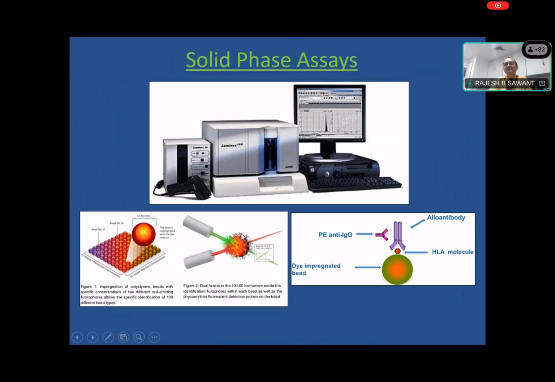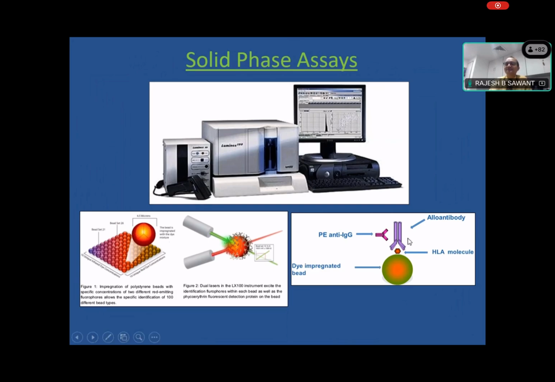So a little bit about solid phase assays. Here we have various polystyrene beads available for testing, and these beads are coated with various HLA antigens, right? In this equipment, which is known as the Luminex, as the name suggests, there are various laser beams through which these beads will pass.